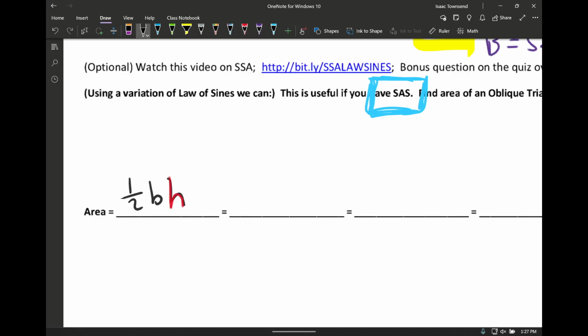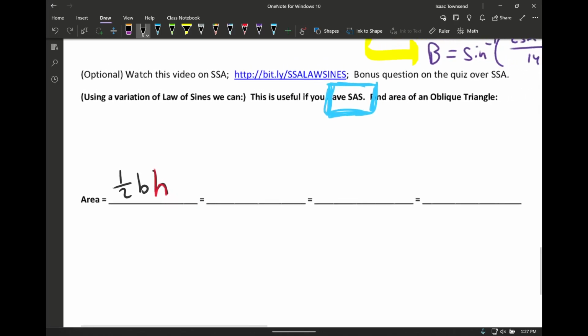So let me tell you what the new formulas are, these 3, and then I'll show you where one of them comes from. Not that you need to derive it, but so that you can see it's just a form of this. One of them could be 1/2 AB times the sine of C. Another one could be 1/2 AC times the sine of B. And what's the only other possibility?